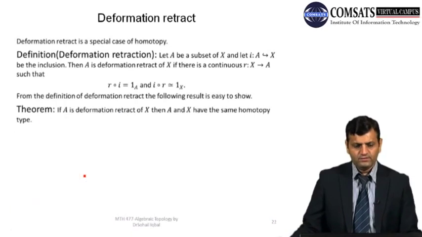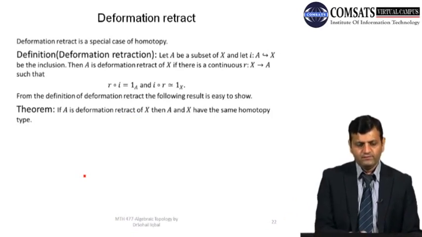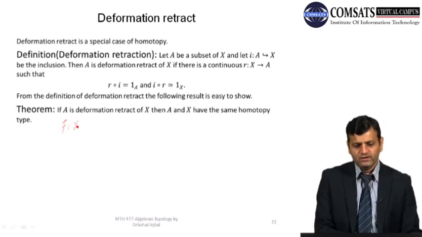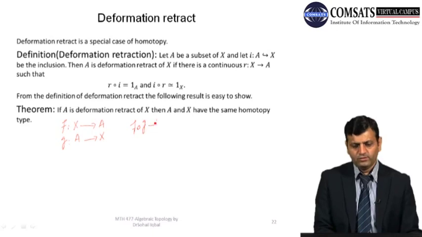Okay, so the following result is easy to show. If A is a deformation retract of X, then A and X have the same homotopy type. When we say that two spaces have the same homotopy type, we mean that we have a function f from X to A and another function g from A to X, such that f composition g is homotopic to 1_A and g composition f is homotopic to 1_X.